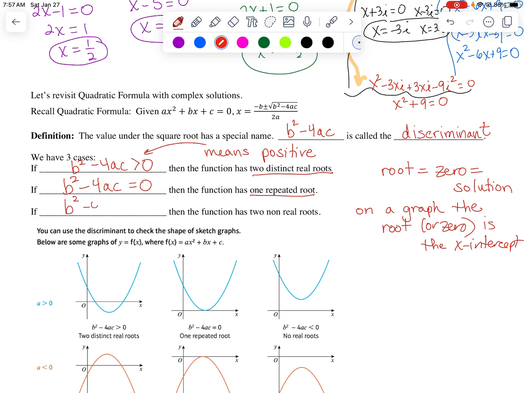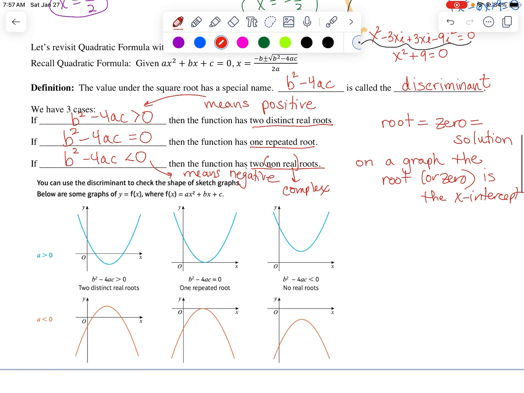So when b squared minus 4ac is less than 0, that means it is negative, there are two non-real roots. Non-real means complex. So you can use that interchangeably, non-real or complex.